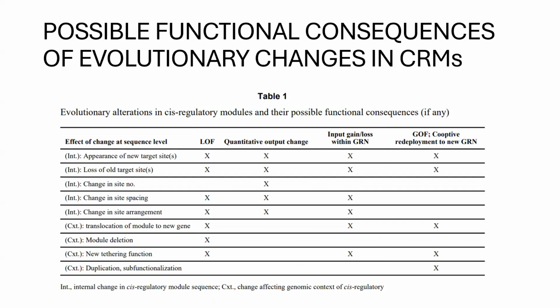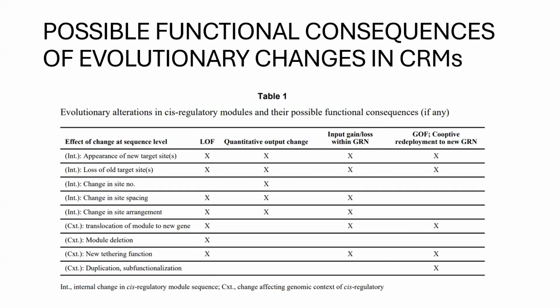And then this particular paper looked at possible functional consequences of evolutionary changes in GRN. I thought this was interesting because it talked about gain of function, loss of function, changes at the sequence level, appearance of a new target site, across the board.